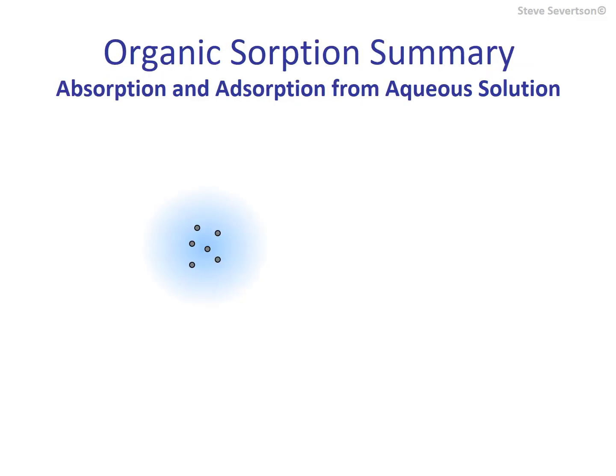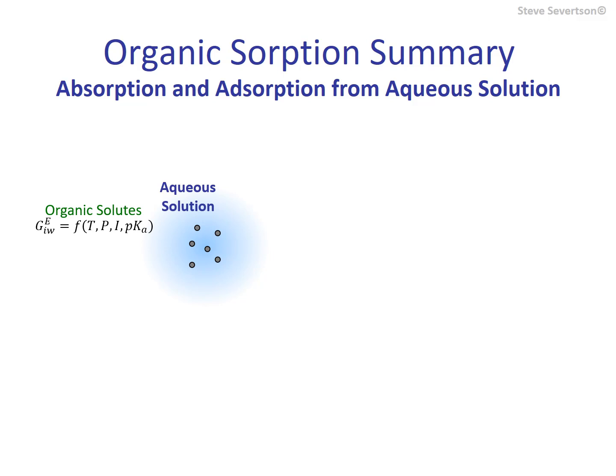Before we finish up, let's briefly review the major concepts presented. The focus has been the absorption of organic solutes from an aqueous solution. The stability of a solute in water helps determine the extent of the absorption, regardless of the mechanism involved. We have already discussed the impact of temperature, pressure, ionic strength, and ionization on the excess free energy of a solute in water.